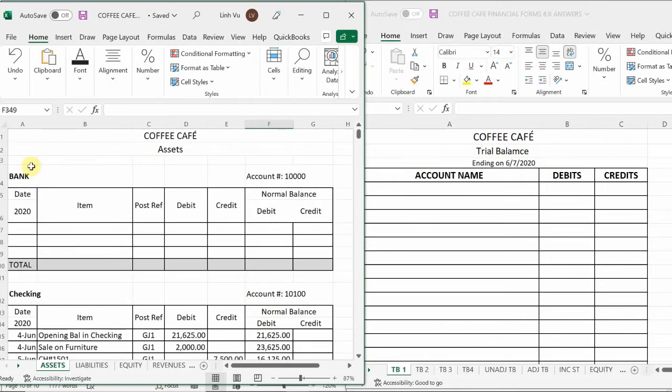So for any account that has a zero balance or has no balance at all, do not include it in your trial balance. Okay? Well, in most cases, why not? Well, does a zero balance affect a debit or a credit at all? No, right? Because a zero balance just means nothing happened.